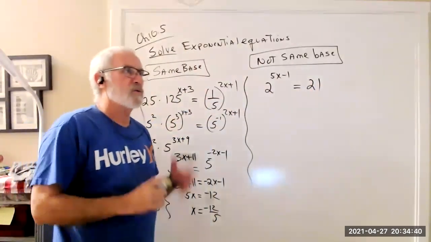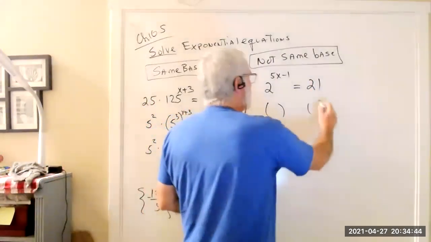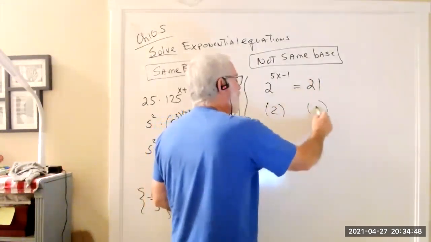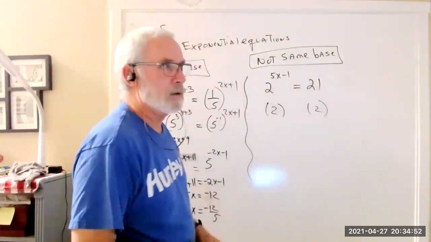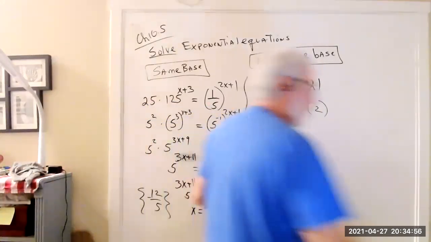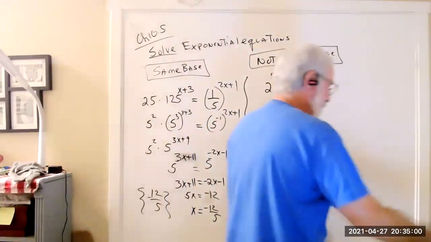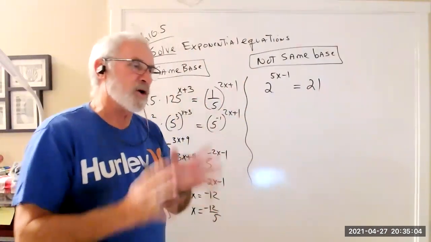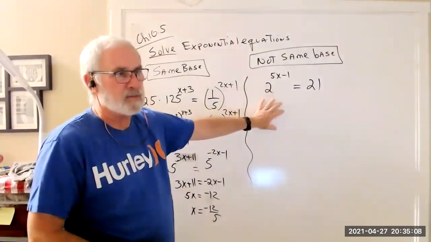Okay. There is no way in the world you can write these with the same base. This is 2. There's no way you can put a 2 here. 2 to what power makes 21? I don't know. Okay. There's no way. So when you see this, this is where you have to learn a new technique to attack this type of problem.